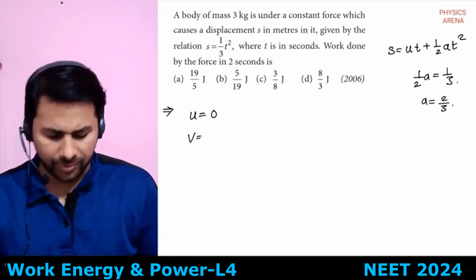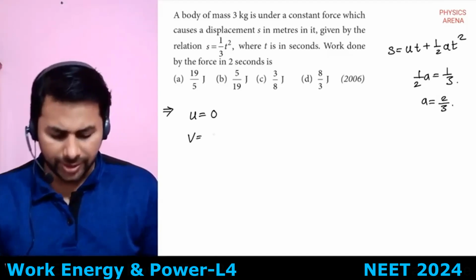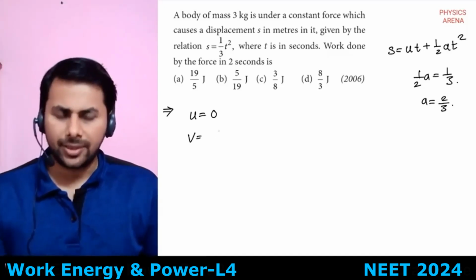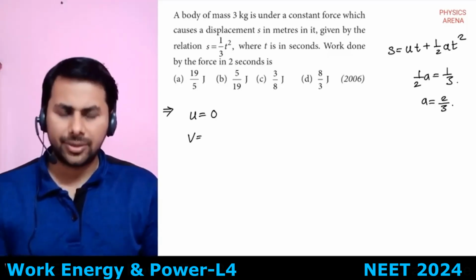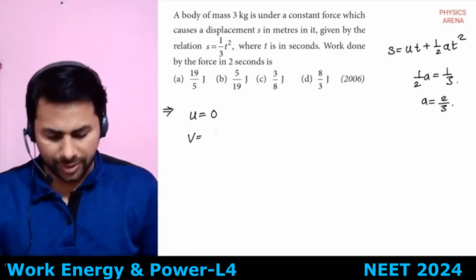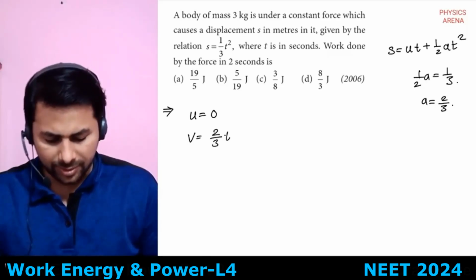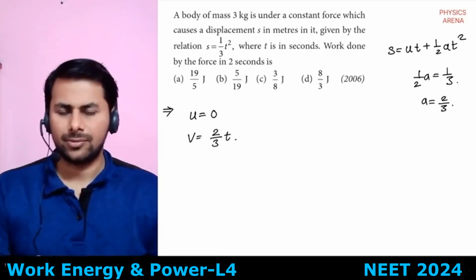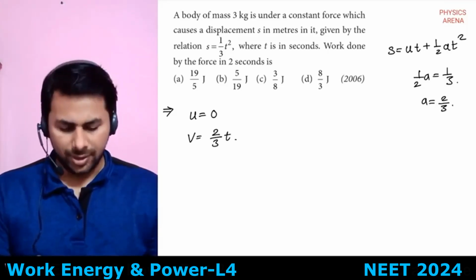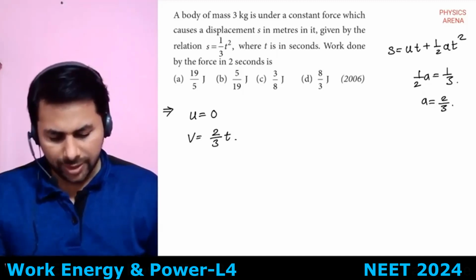Therefore v will be equal to how much? u plus at, but u is 0, so it is just at, so it is 2 by 3 t. So what is work done?